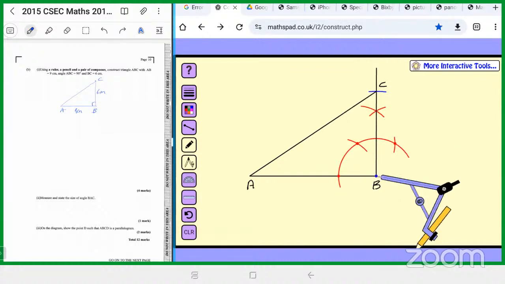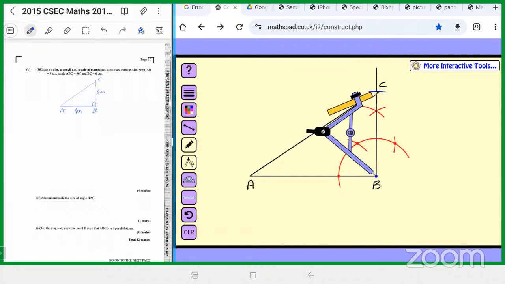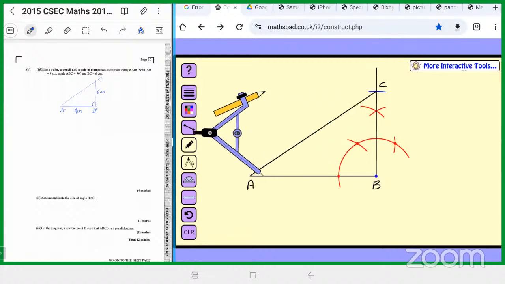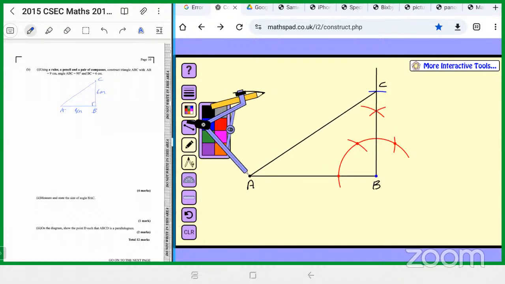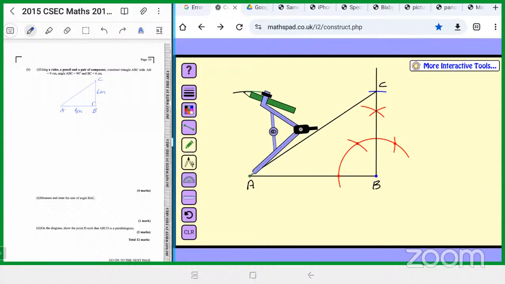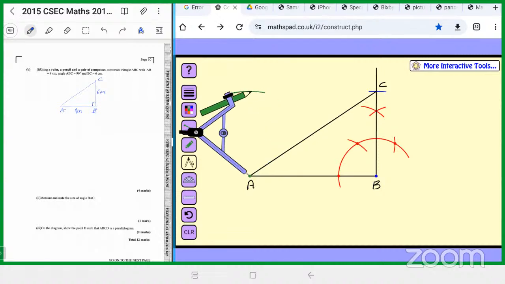What I can do is leave the compass at that distance of 6, come over to the other end, with the compass not moved, and make an arc. Let's use green for this part of it. Make an arc. That is 6, you know.